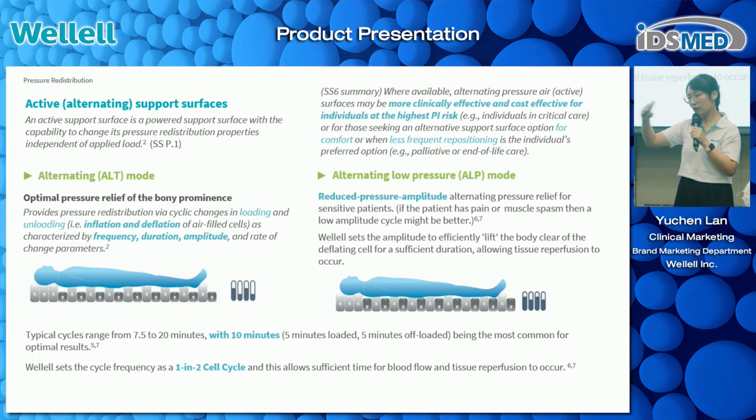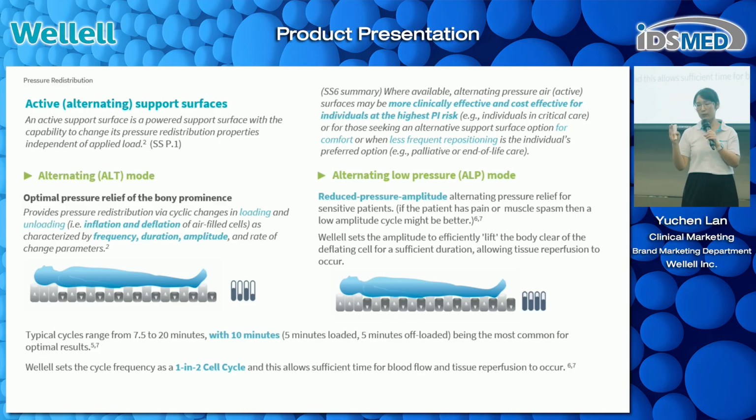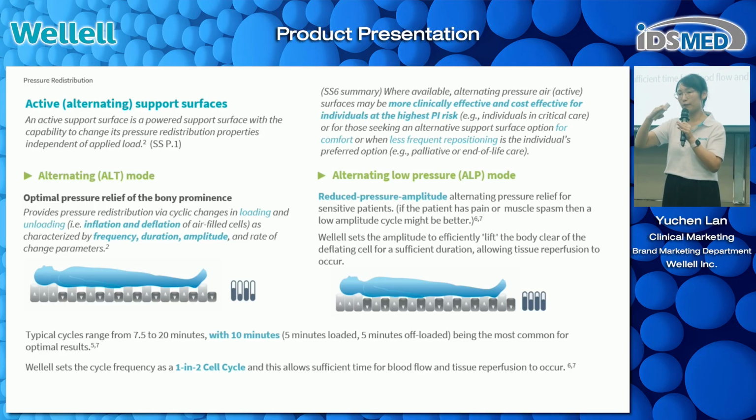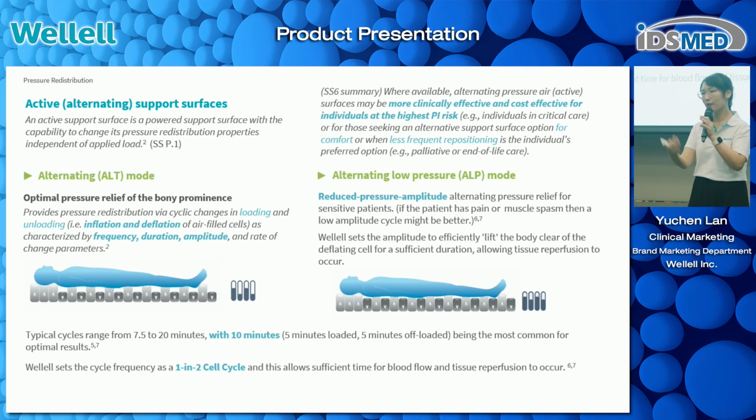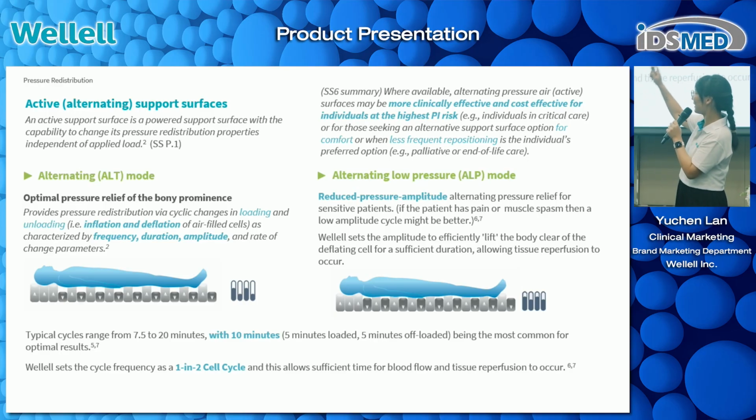Globally, the most frequent alternating cycle is 10 minutes, which means that the air cells inflate for 5 minutes and deflate for 5 minutes, so that the blood in the tissue could be refilled again, to decrease pressure injury occurrence. So this is called alternating mode.